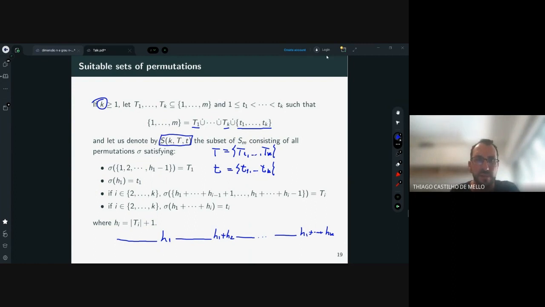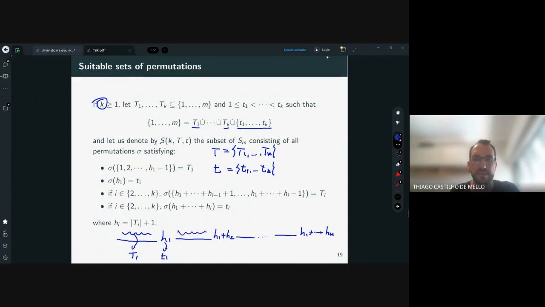Which permutations are in this subset? These are the permutations which send any element in the first part of my partition to this first element here, and send this h1 to this first element here.